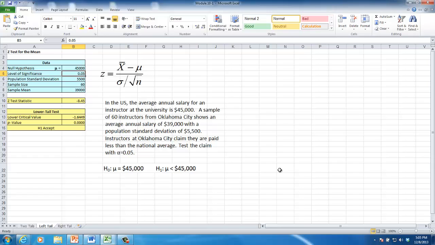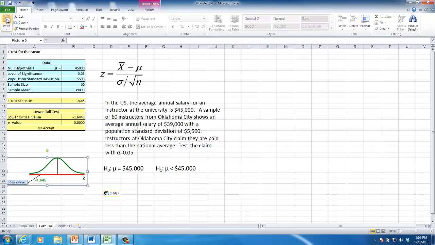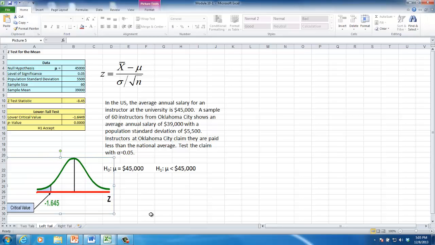So the next step in the hypothesis testing is to find out the critical values. Let me copy and paste the graphic here so we can see how we can decide the critical values. As you see here, the critical value is minus 1.645. Now how we find this is using this Excel function, NORM.S.INV(B5).